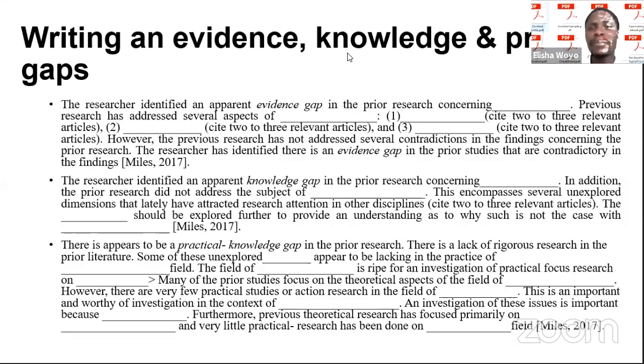And when we talk about this knowledge gap, you should come immediately and put your study into context and say, previous research did not address the subject of service failure and customer loyalty in a certain sector. This encompasses several unexplored dimensions that lately have attracted research attention in other disciplines.